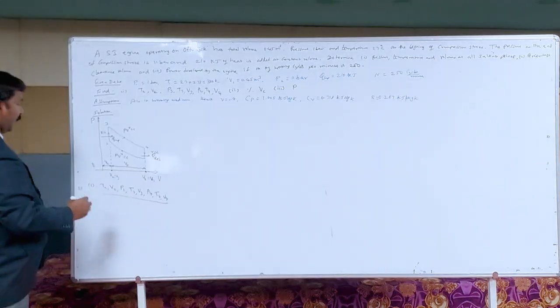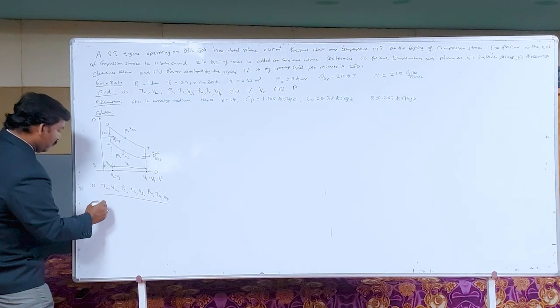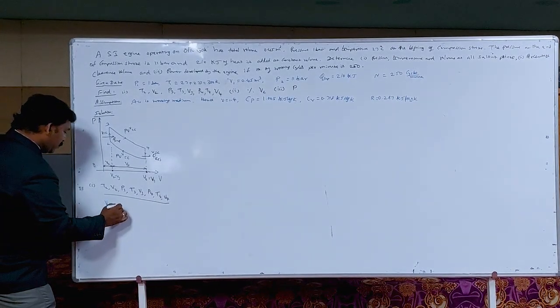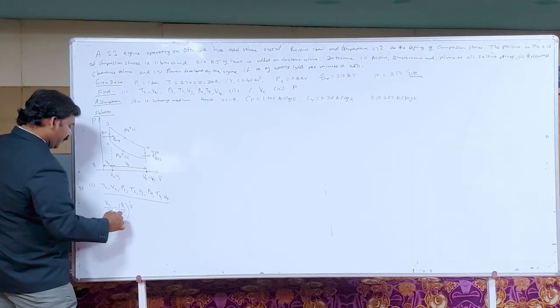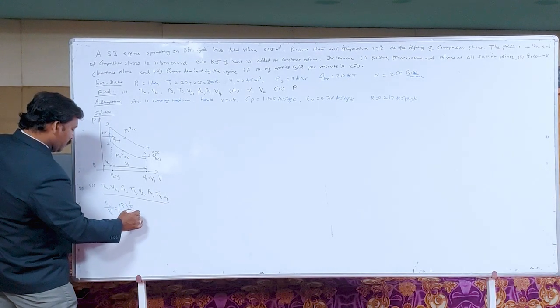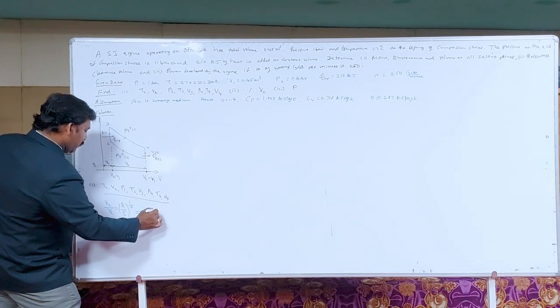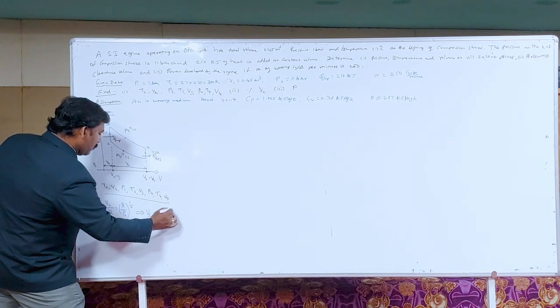Now V1 is a known value and P2 and P1 are also known values. So I need to find V2. So V2 by V1 is equal to P1 by P2 power 1 by gamma. Therefore V2 is equal to V1 into P1 by P2 power 1 by gamma.